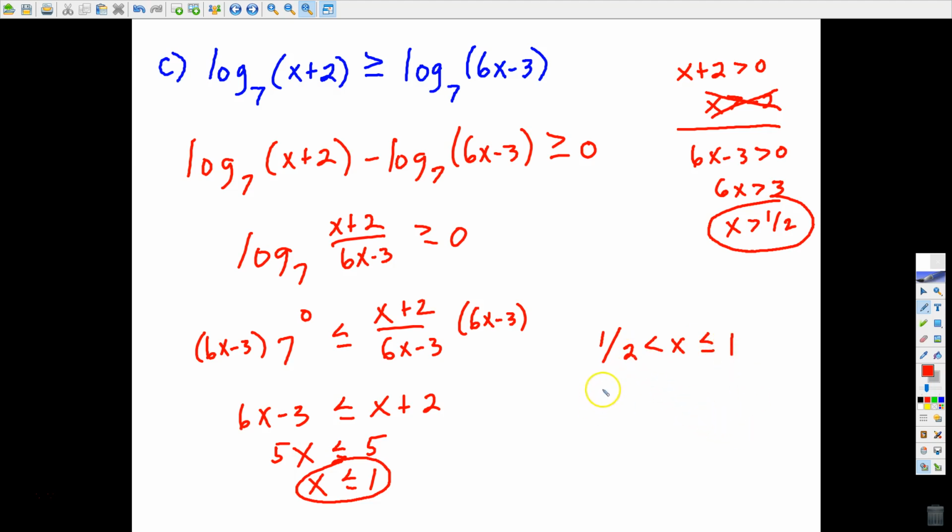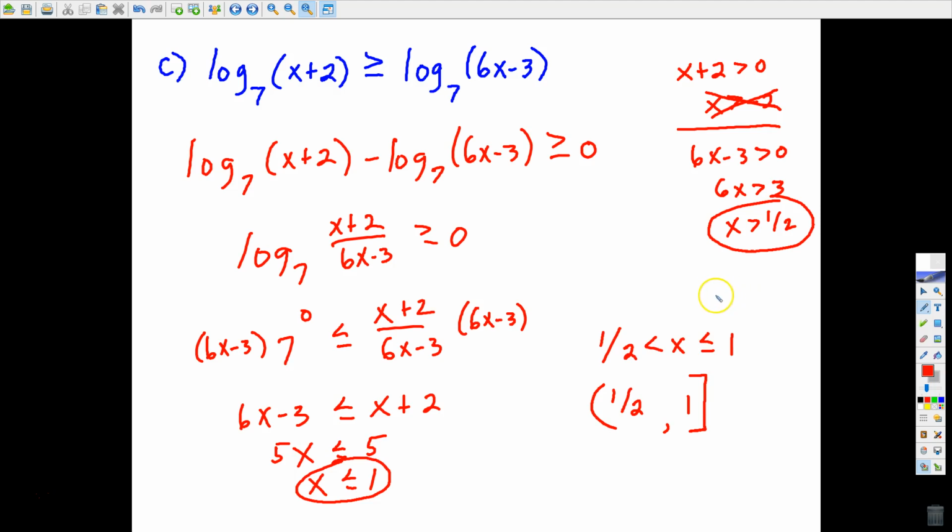It could also look like this in interval notation, and I want you to pay close attention to this because we haven't run into this a lot with interval notation. I still put the small number on the left, the bigger number on the right, but this or equal to in interval notation is handled like this. I put a bracket instead of parentheses. If it's just regular less than or greater than, I use parentheses.